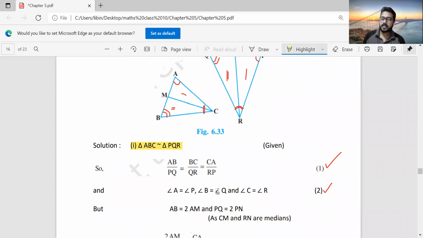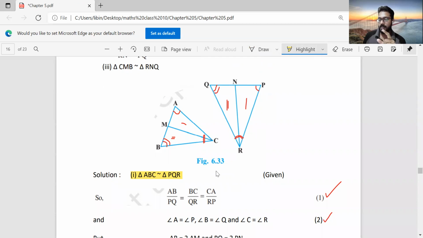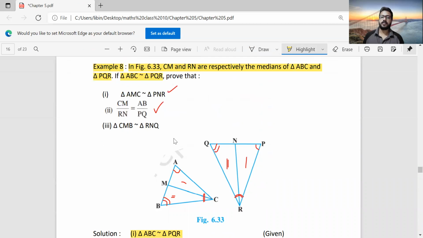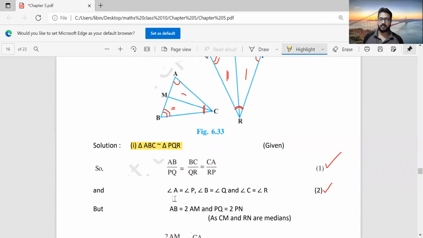But now we are making use of the next information given to us. We are given that CM and RN are the medians. So we can say that the length AM is equal to BM. Okay, and we are making use of that information.